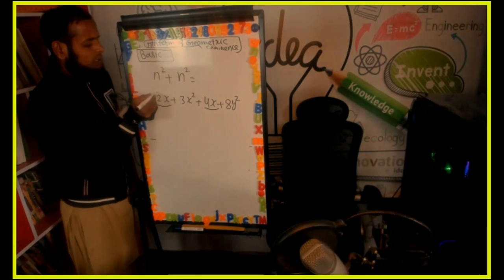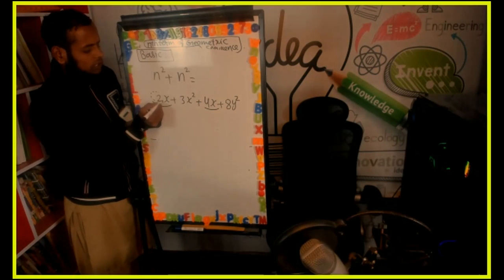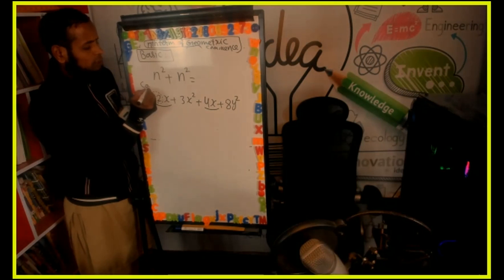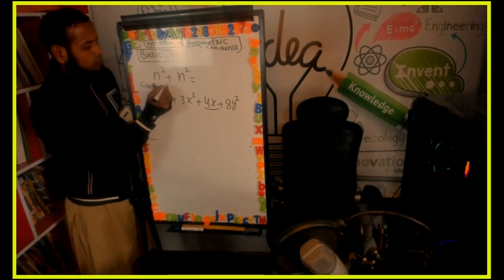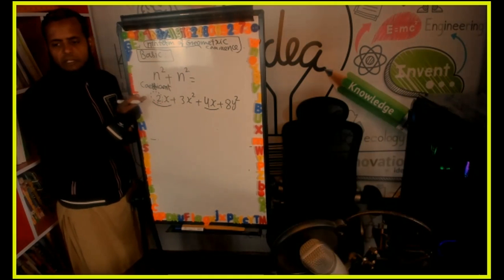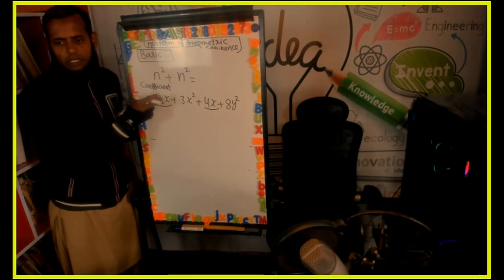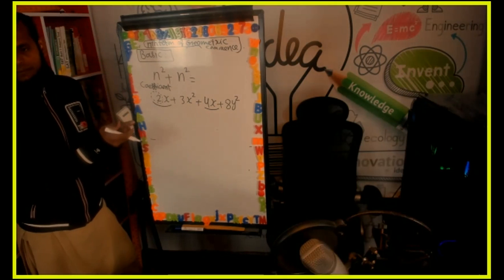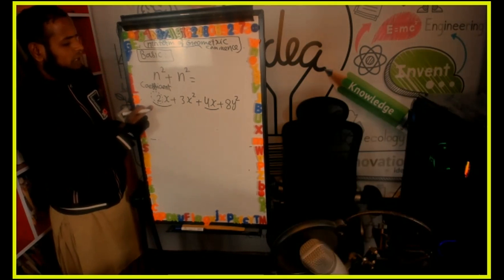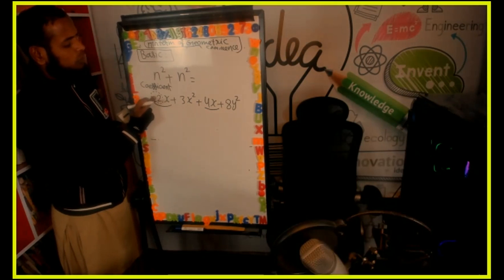This is called the coefficient. Coefficient is a number before the variable, a number multiplied with the variable. The coefficient of x here is 2.